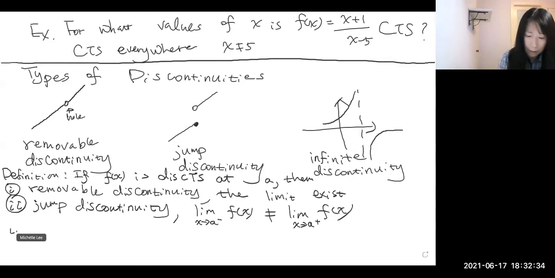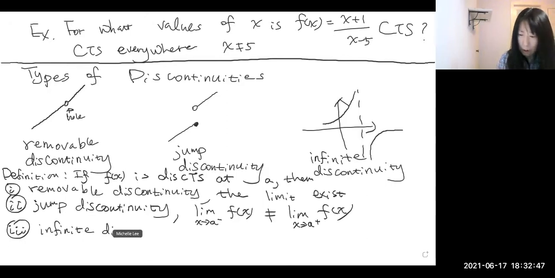Third one, infinite discontinuity. So basically, we take the limit, then it goes to positive infinity or negative infinity, okay?